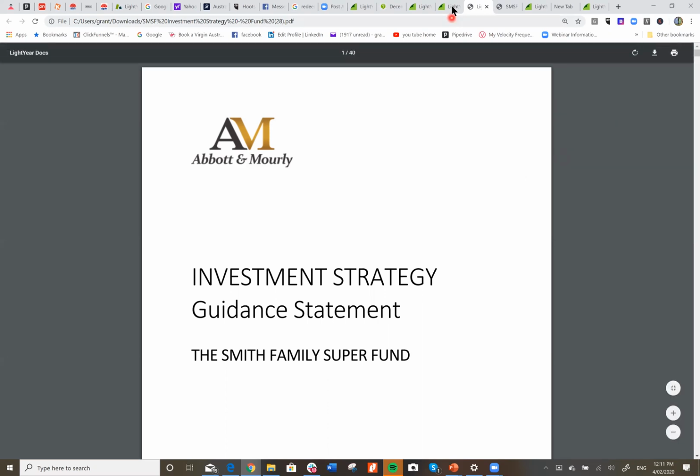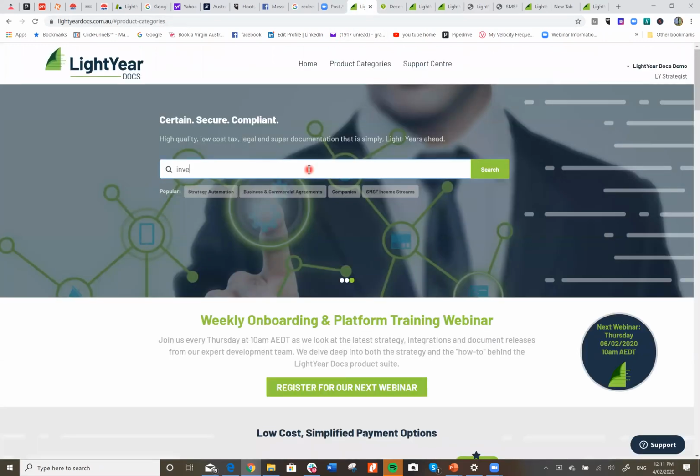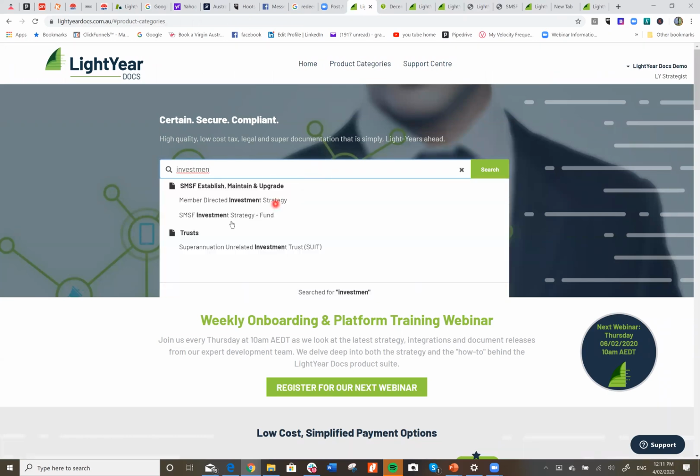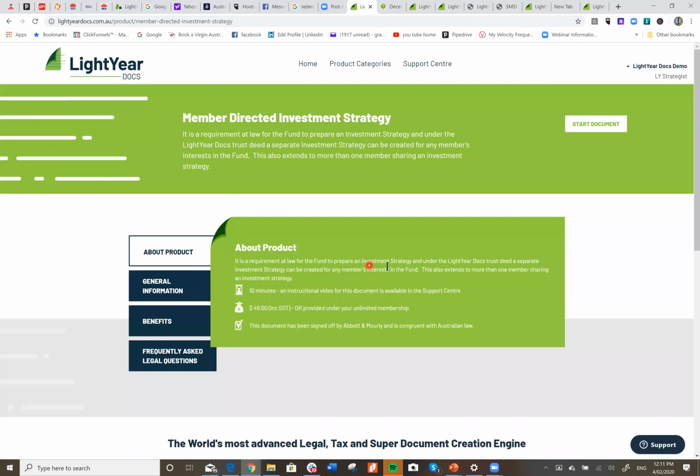And as you can see, if we go up to our LightYear Docs and we do investment strategy, someone actually asked me this the other day, I think it was Ashley. So we look at two strategies: investment strategy of the fund, where the trustee of the fund makes the investment strategy for the whole fund, or a member-directed strategy. It is a requirement for a fund to prepare an investment strategy.